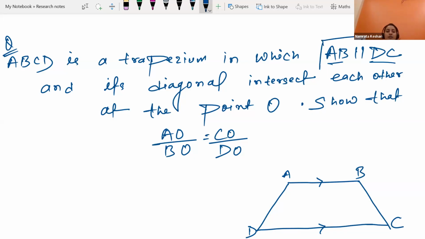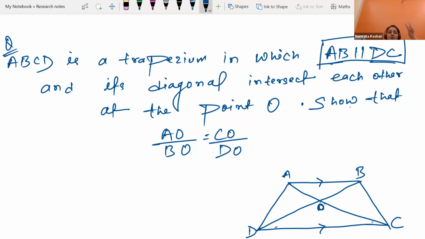Now, AB is parallel to CD, it is given over here. What else? Its diagonals intersect each other at a point O. We have to show that AO over BO is equal to CO over DO.